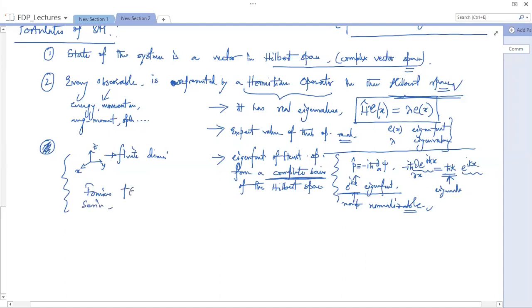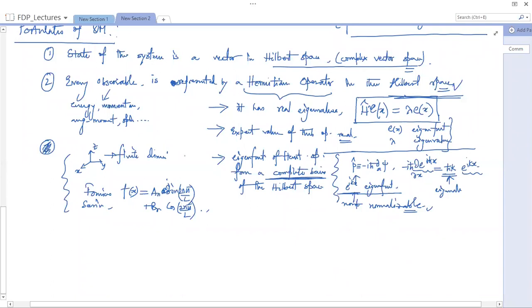In Fourier series, we can represent any periodic function by a formula with a_n sine(n pi x/l) plus b_n cosine(n pi x/l), with the periodicity l. So these sine and cosine functions also form a basis.